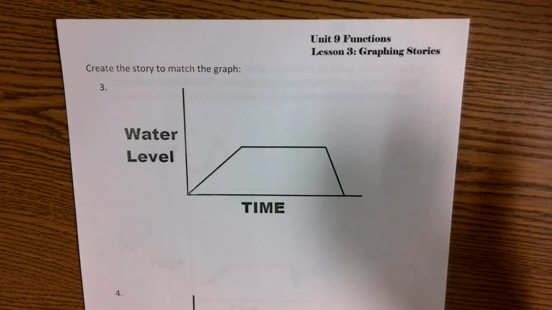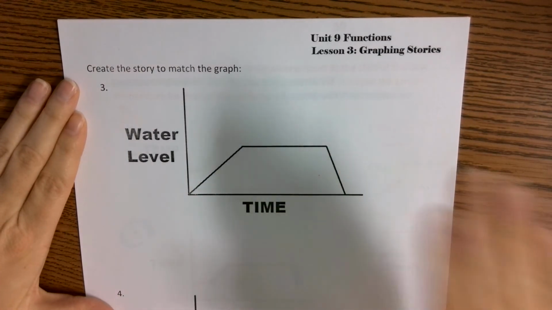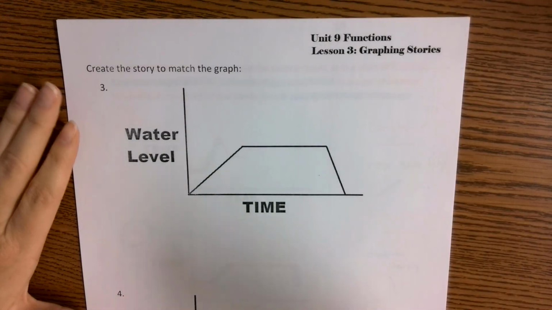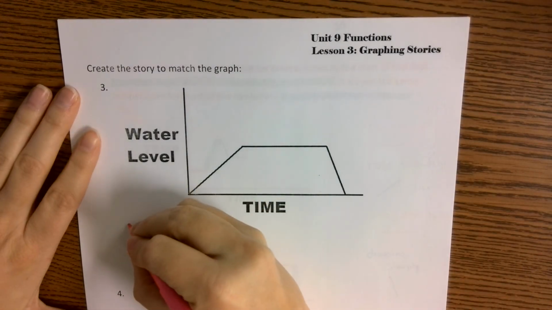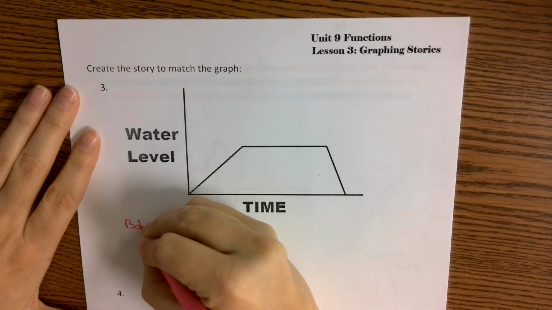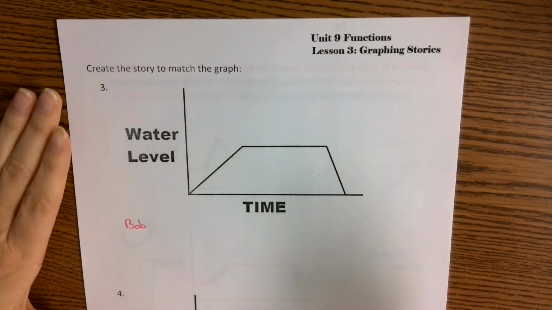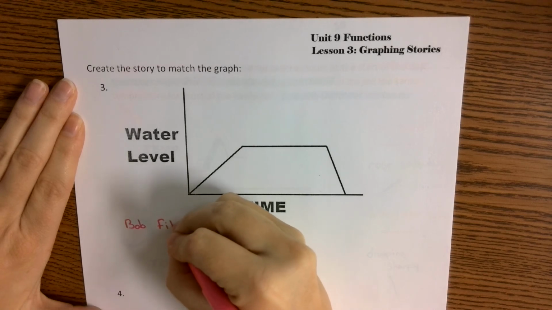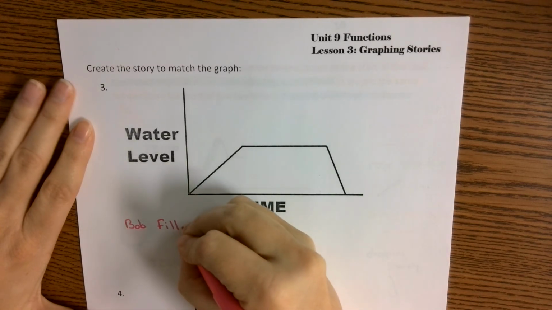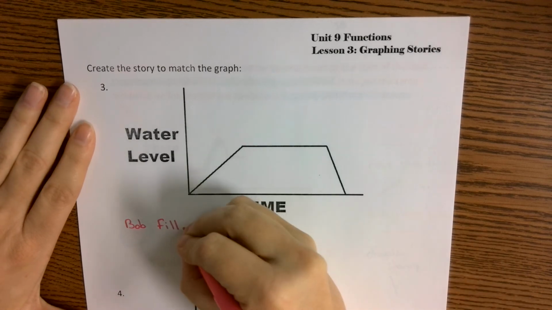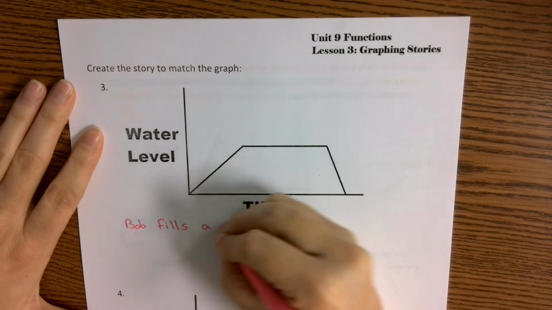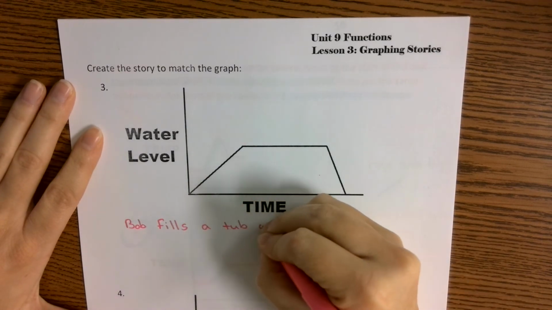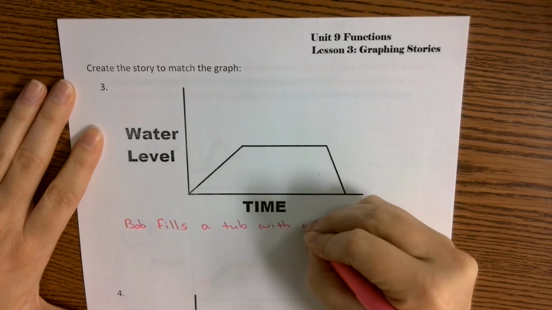Okay, so let me share with you a story that I've got here. So, I'm going to say Bob. We'll just say Bob. I'm going to start off with my pink. Bob fills a pool with water. Or maybe he fills a tub with water, but he's filling something up with water. Bob fills, we'll say a tub with water.